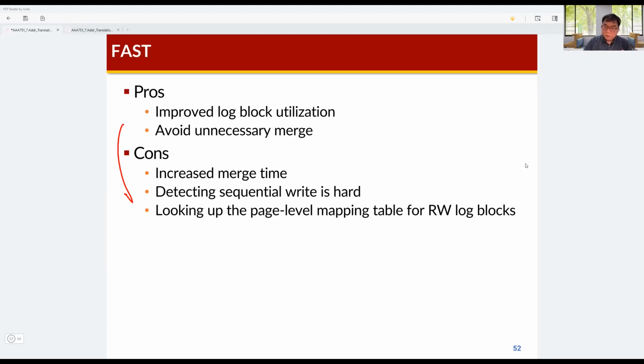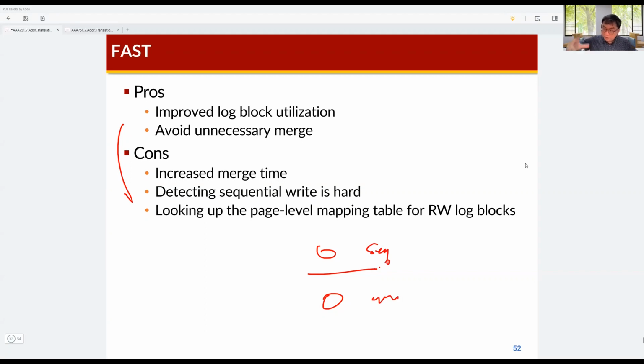In order to support these different access patterns or different kinds of applications, we need to identify the unique features of these workloads like sequential write and random write.